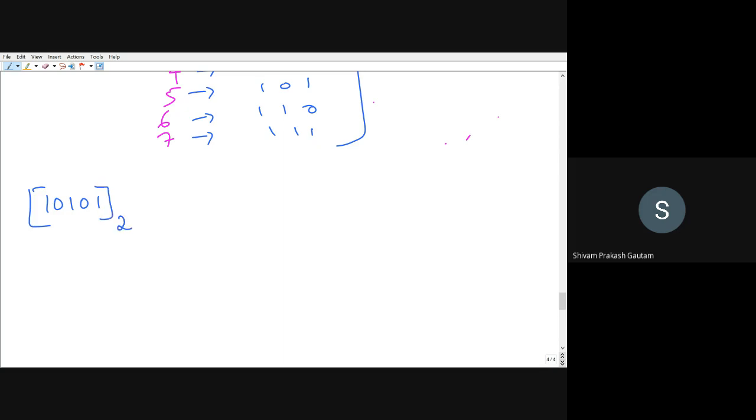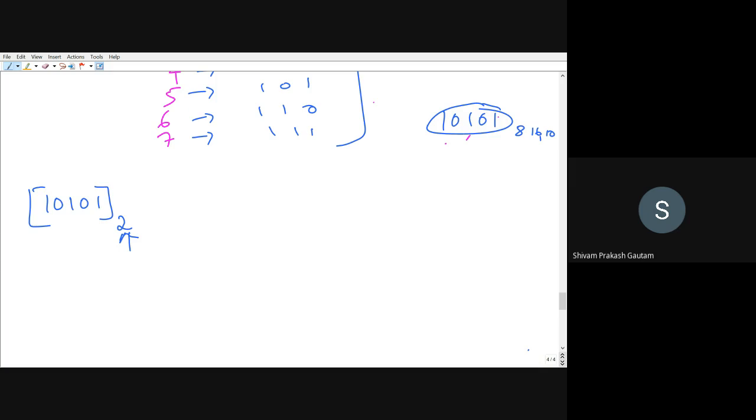You have to mention base 2 because if someone writes 10101, this number can also be a representation in hexadecimal or in octal. In octal, the base will be 8, and in hexadecimal, the base will be 16, right? So you have to represent its base. This is a must. And this can also be represented in decimal. But to make it a binary representation, you have to always mention base 2.